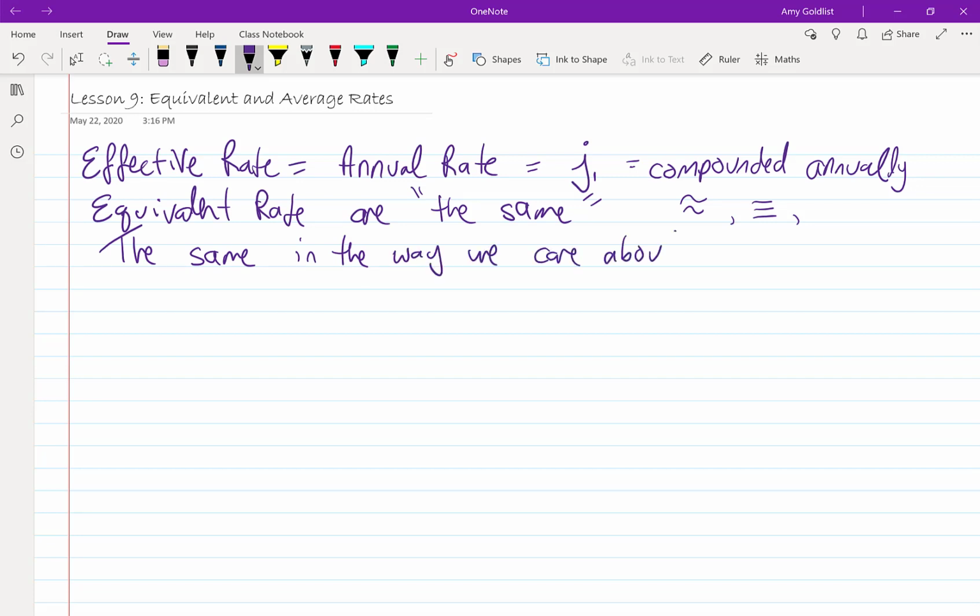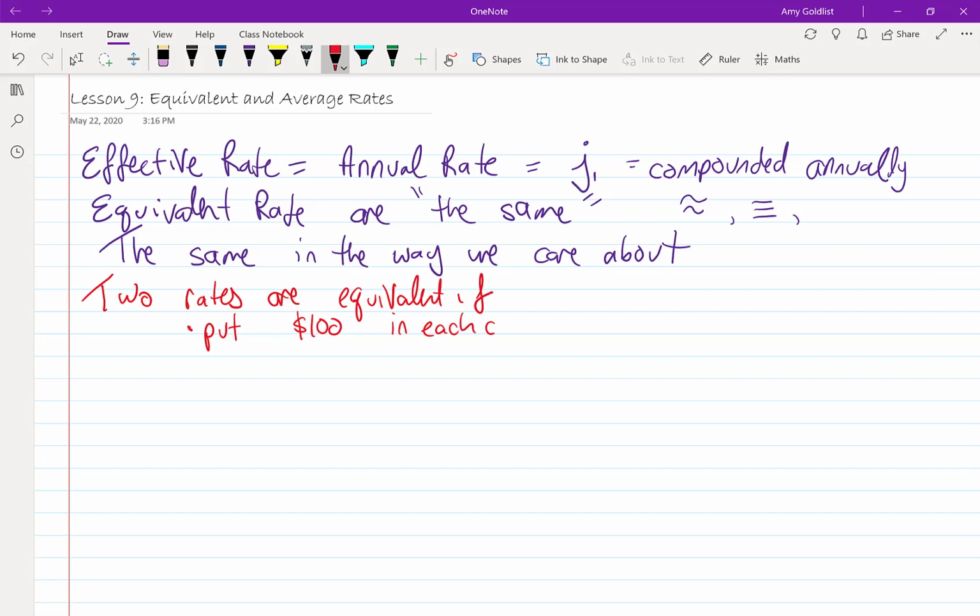In terms of interest rates, the thing we care about the most is how much money we get out of them. We don't care how often the bank compounds. We care that they give the same future value. Let's say we put $100 in each one, and after a year, we have the same future value.